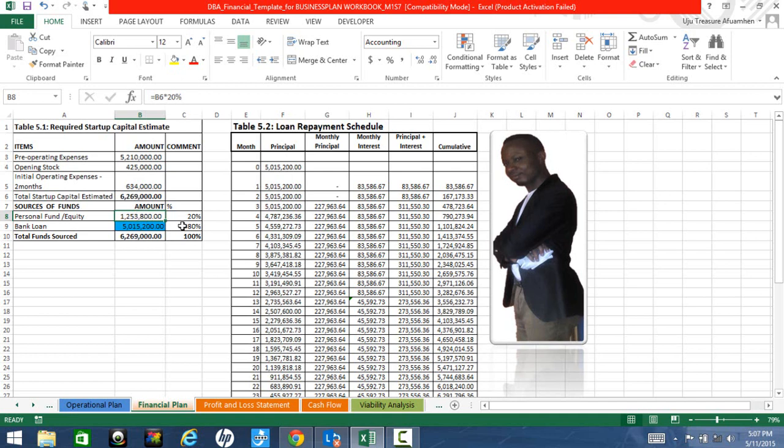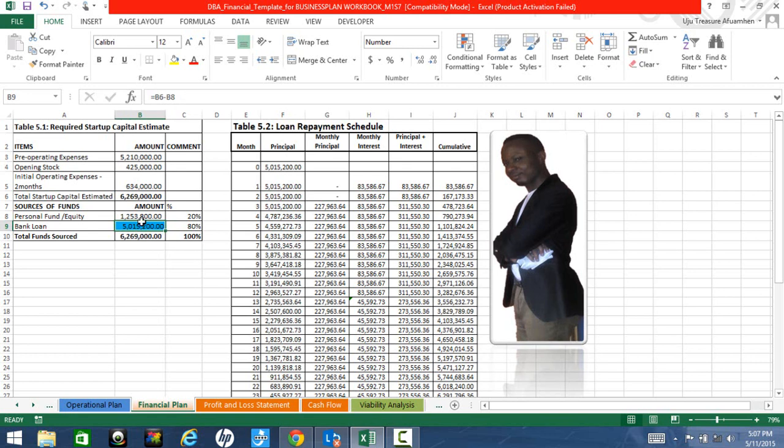That means that you need to tell us how you want to get the rest of the money. In this case, the assumption is that we're going to get a loan from the bank. So if you're providing 20%, it means that the bank will help you with 80%. So if I click in this cell and you look up, can you see that?